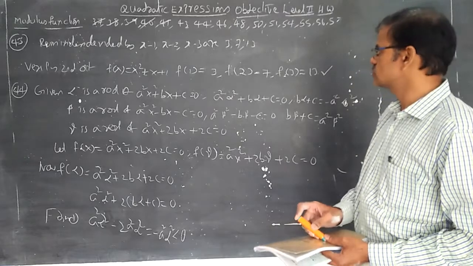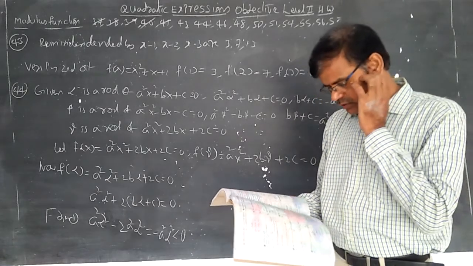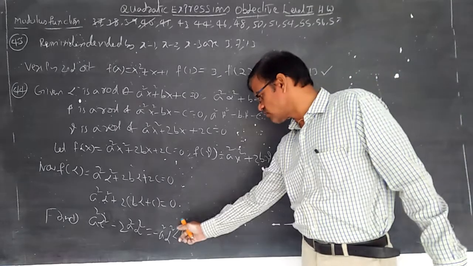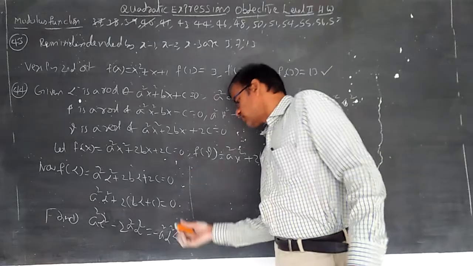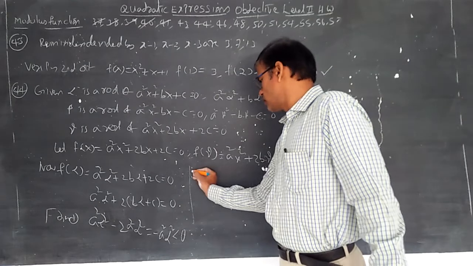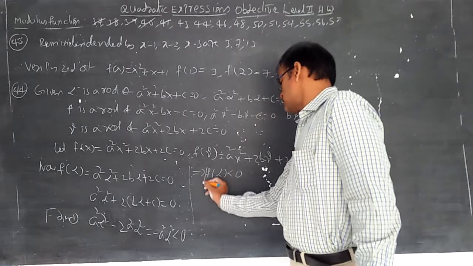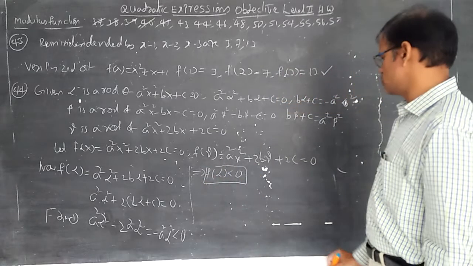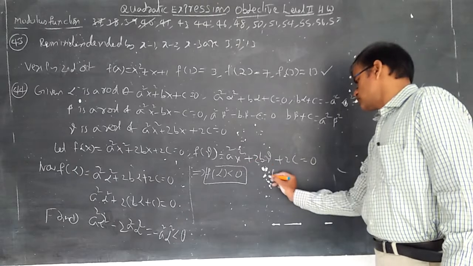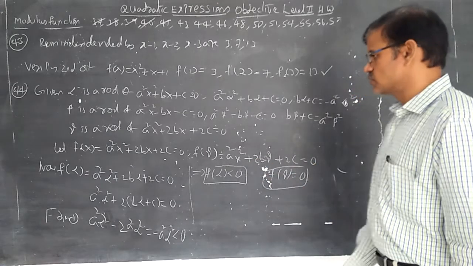Because 0 less than alpha is given, alpha is positive and a not equal to 0 is given. So it is 100% negative because alpha is positive. Now you can understand f of alpha less than 0. Here f of gamma is equal to 0, since gamma is a root.